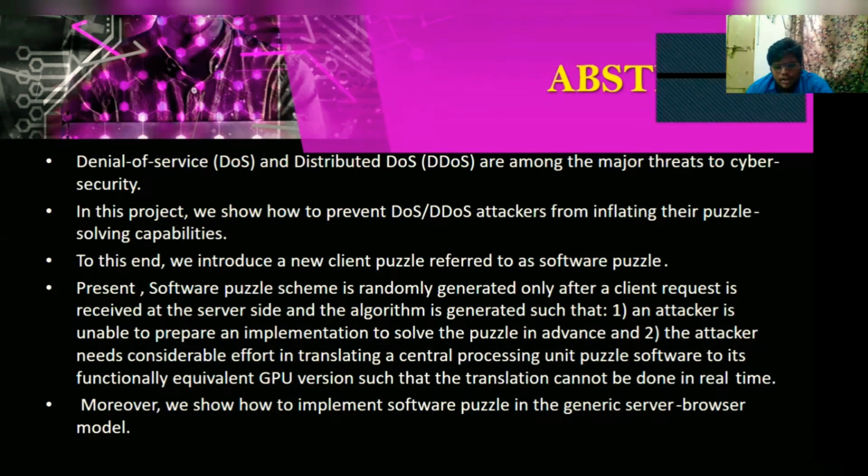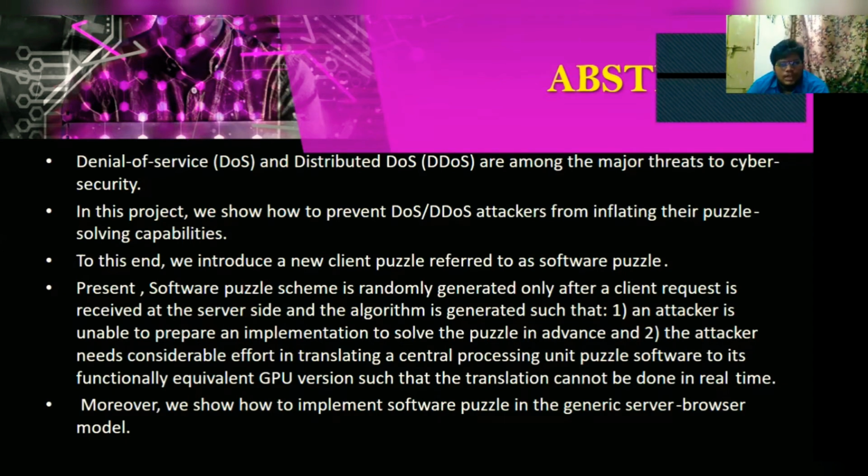Such a translation cannot be done in real time, which means when the server has received a request from the client, it will send an algorithm containing our software puzzle to the client, which has to be solved by the client. The server will consider only the client who solves the software puzzle.